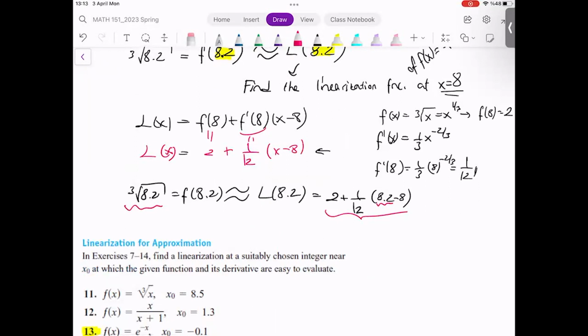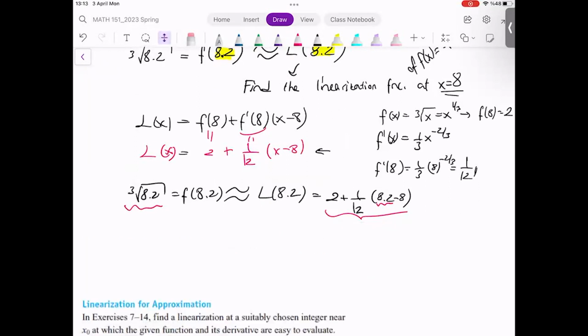So the result is, let me write the result. The cube root of 8.2 is approximately the same as this number, 2 plus 1/60. I want to write it like this, okay? So this is the approximation obtained by evaluating the linearization function.